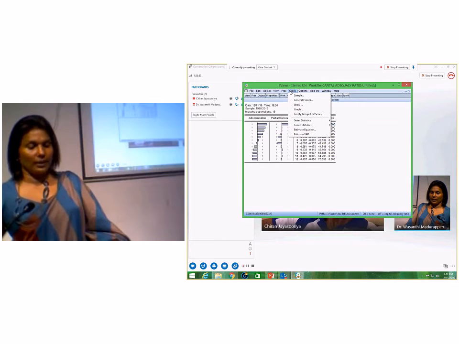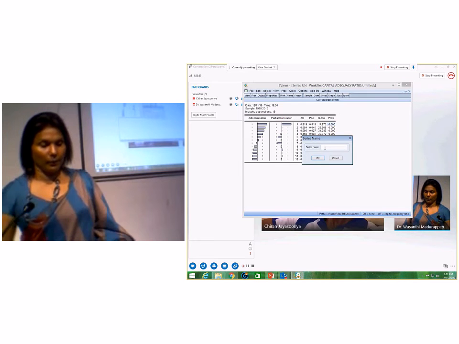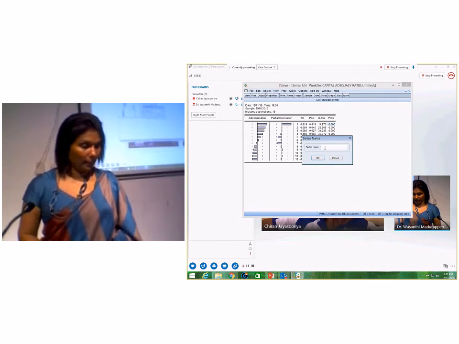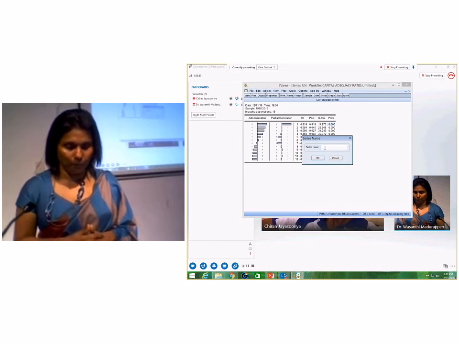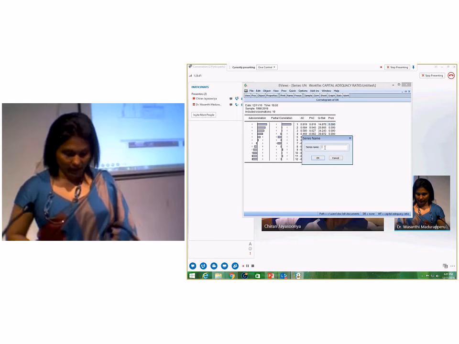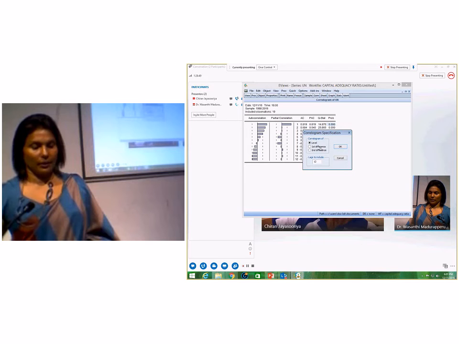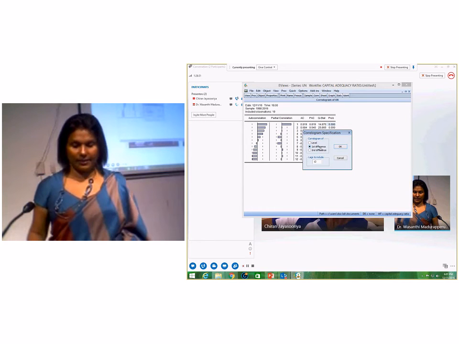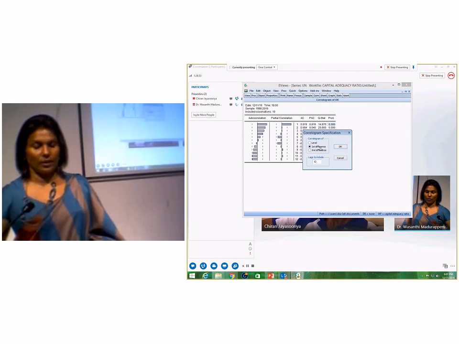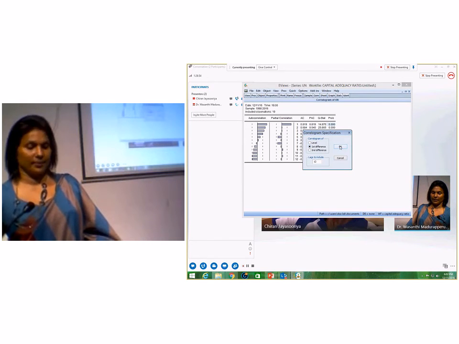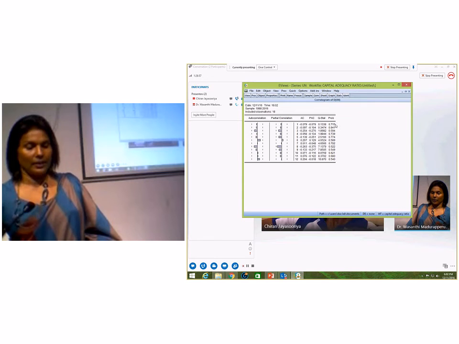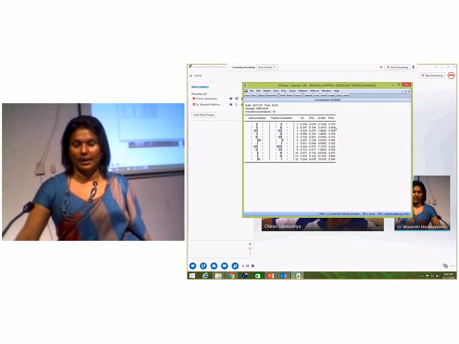Now go to the Quick again, same variable, unemployment. Go to the first difference, then click OK. Now you can see the probability value in the last column.